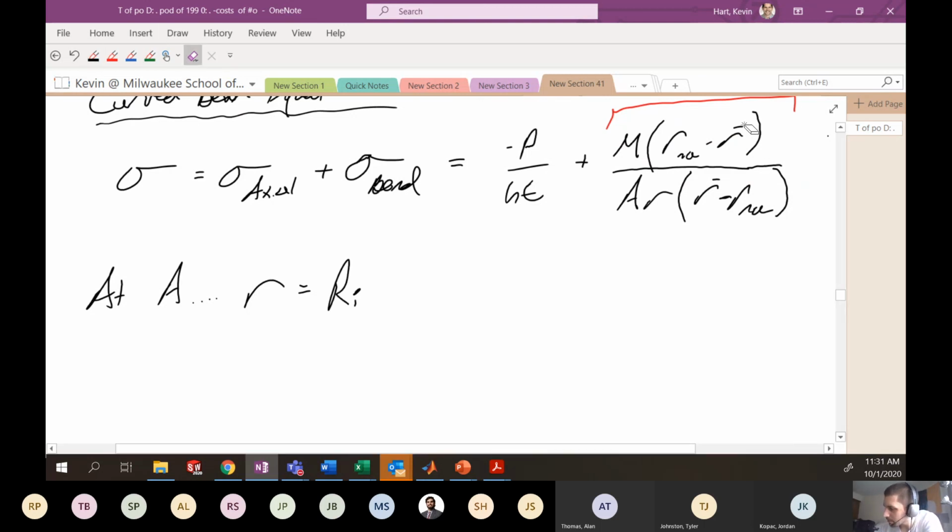There should not be a bar here, just R. All right, so let's do this. Stress at A: again, this negative P over HT.